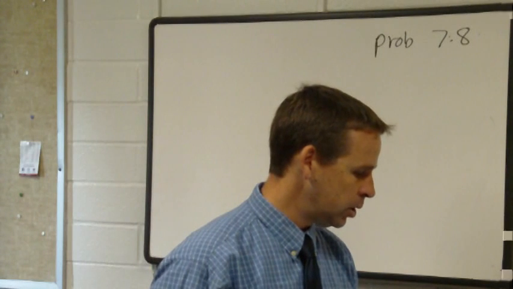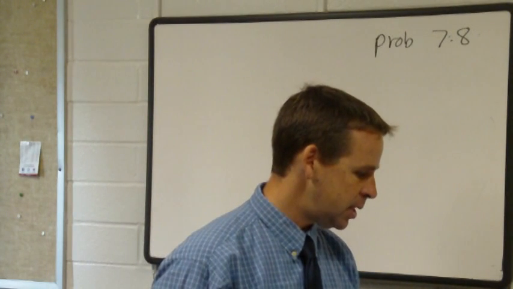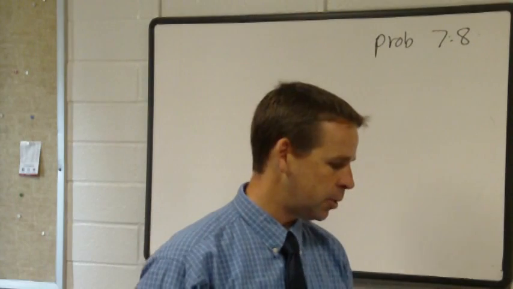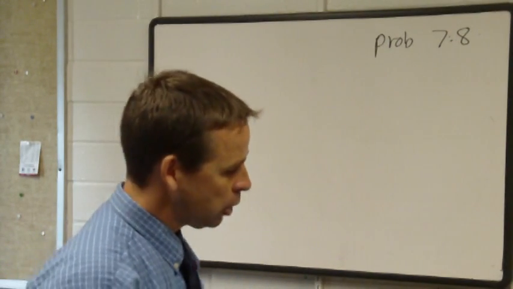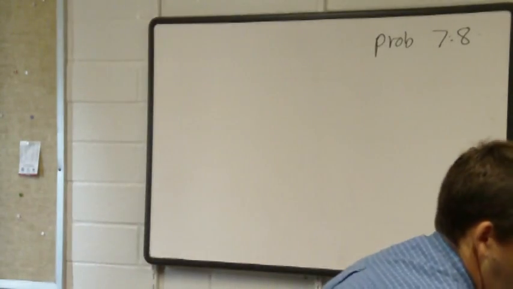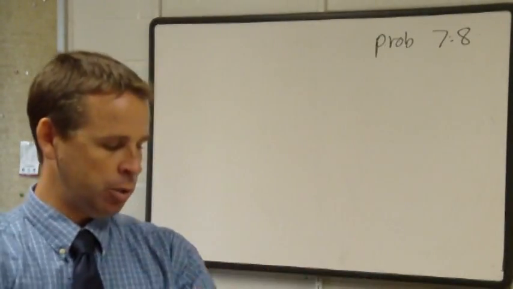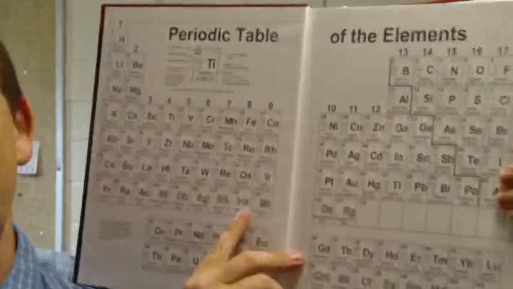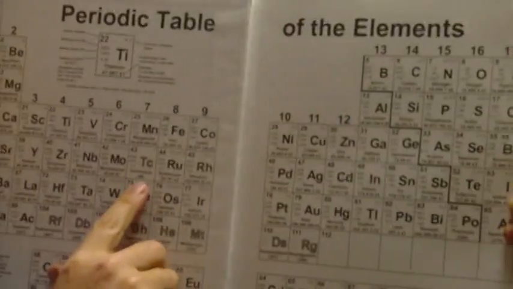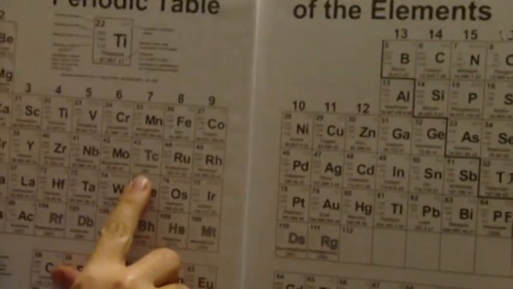And so we can look at technetium. Your periodic table might not identify it specifically as radioactive, but it is radioactive. One way that we can identify radioactive elements is that on the periodic table, their mass numbers are generally in parentheses.